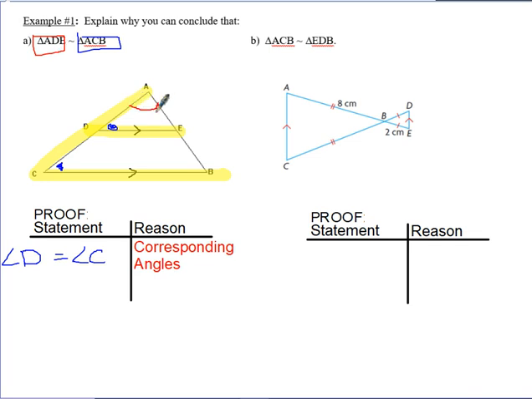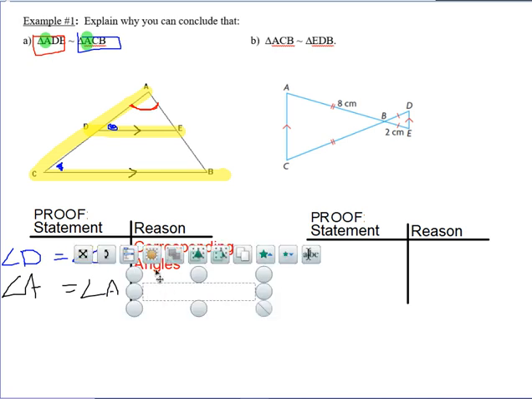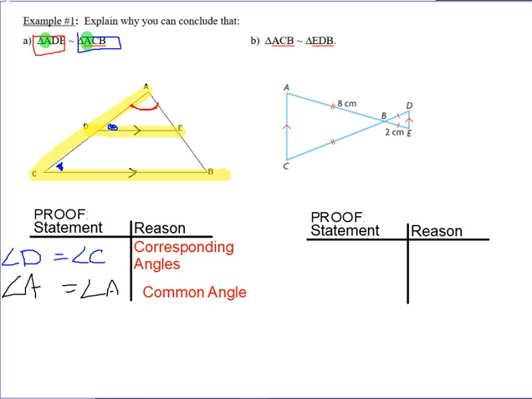Notice this angle A. Angle A exists in both of these triangles. See, it's ADE and ACB. So you see that the angle A is in both. So we know that angle A must equal angle A because it's a common angle.